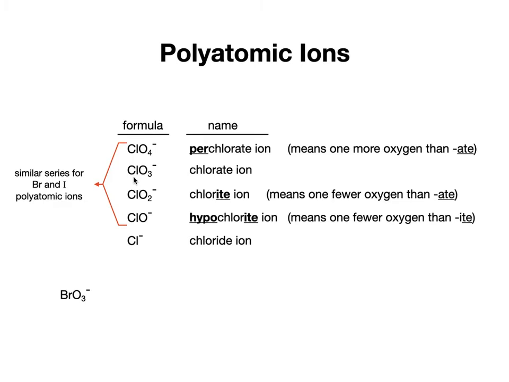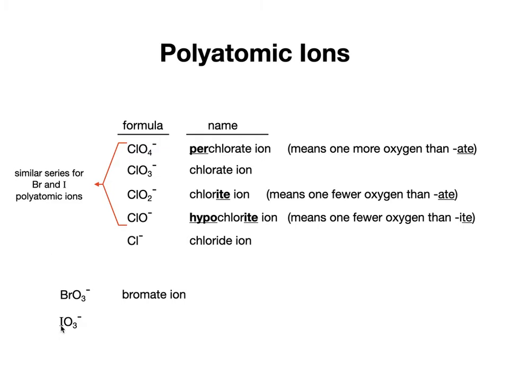The only difference is there's a bromine instead of a chlorine. What did we call this? Chlorate. We call this the bromate ion. So we have bromate, bromite, perbromate, hypobromite. We've got all the same ions, similar types of ions that we have here.